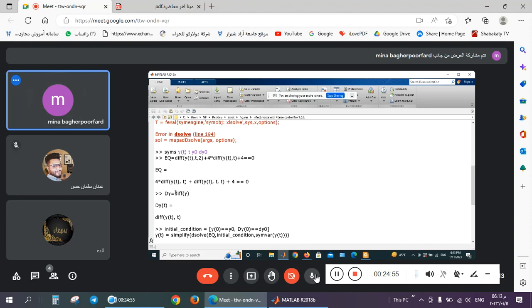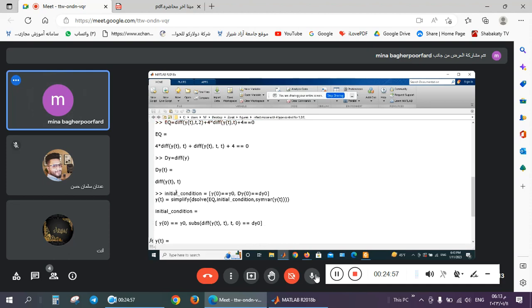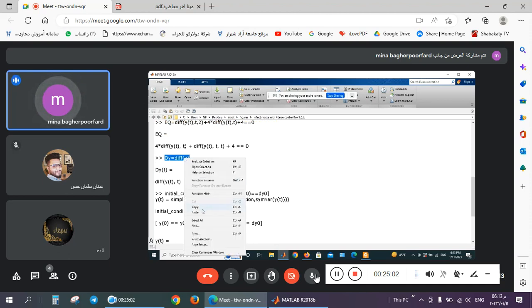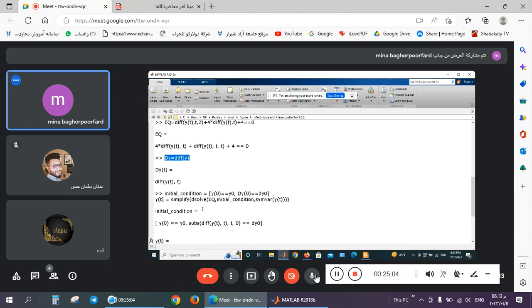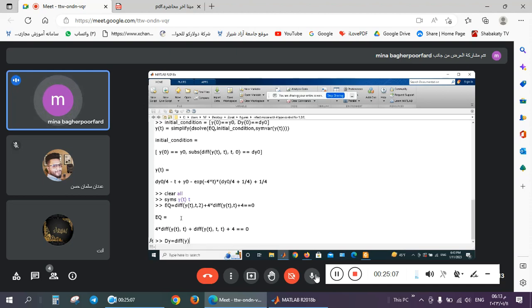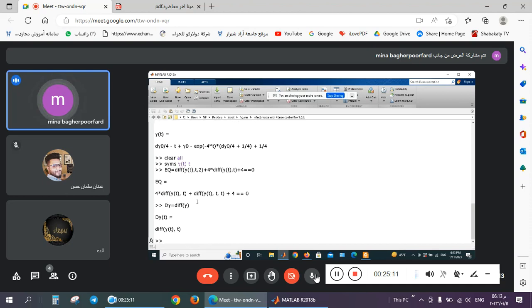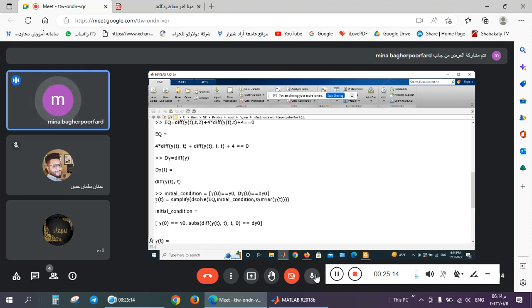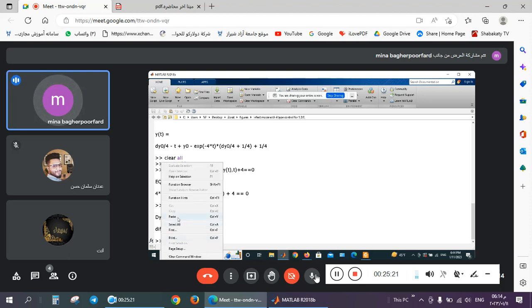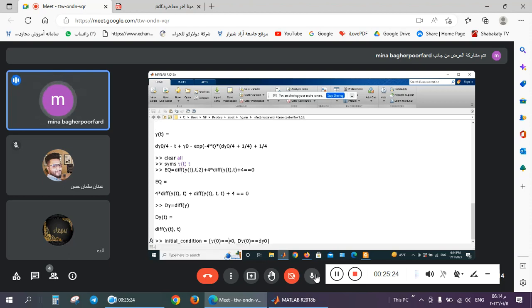After that, I use this line: dy is the differential of y(t). After that, I use this initial condition, and for the initial condition, I put 1, and again I put 1.